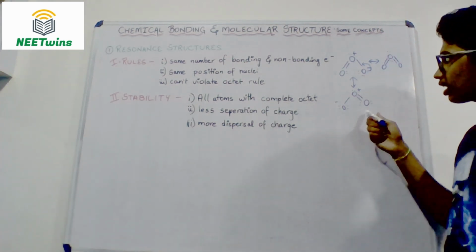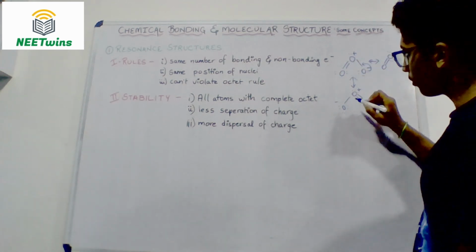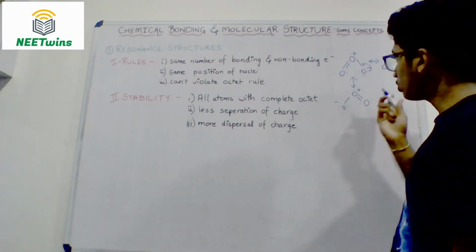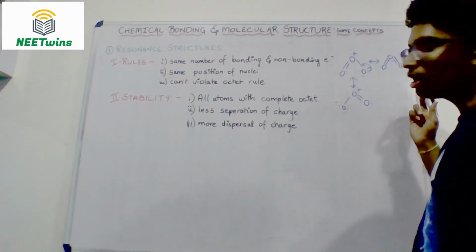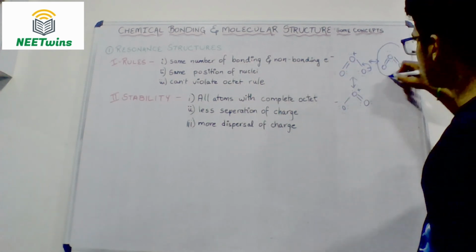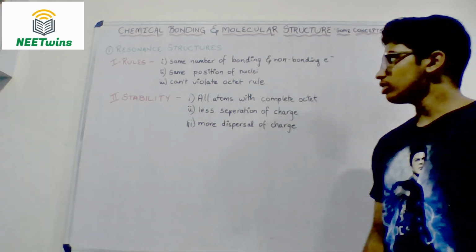So this is an acceptable structure because over here also there are three bonding pairs of electrons, over here also there are three, but over here there are four bonding pairs of electrons. So obviously this is not an acceptable structure. So that's all about the first rule. Moving on to the second rule.